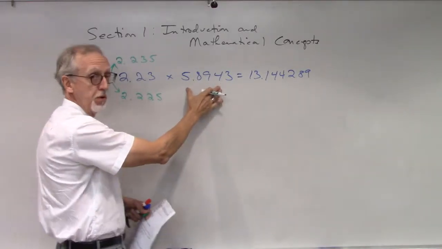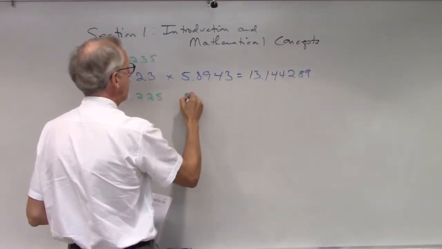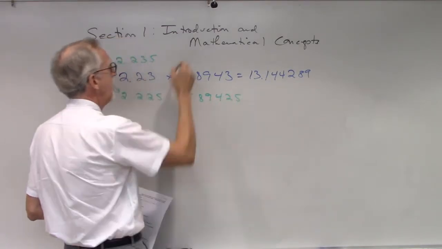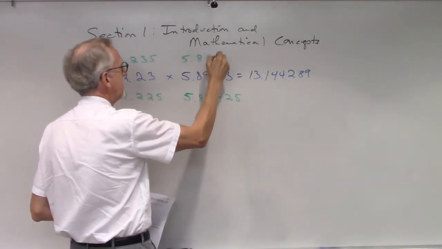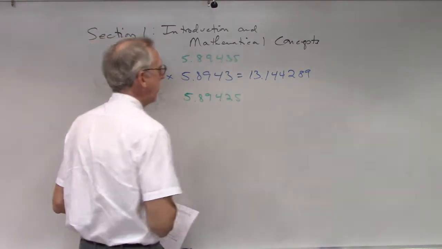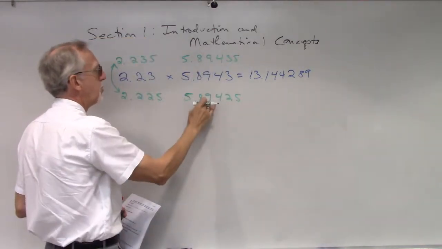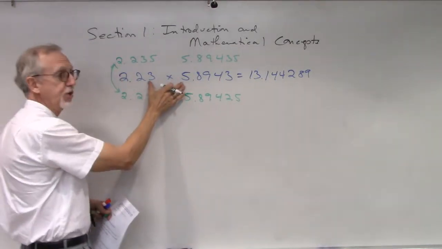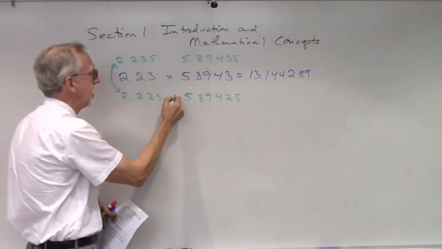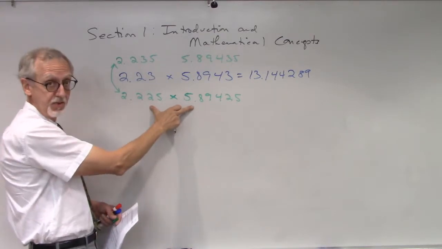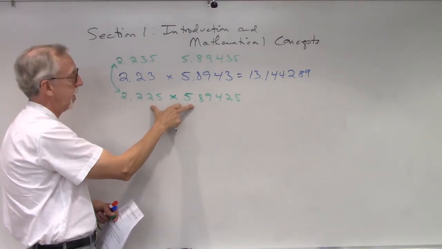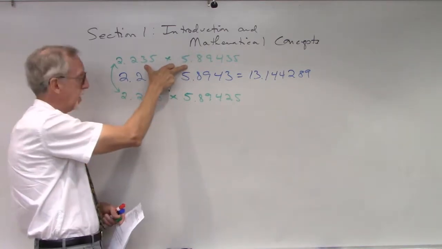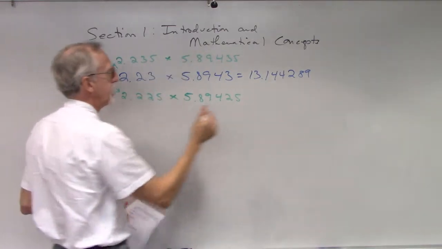While this number really is somewhere in between 5.89425 and 5.89435. So this product could be anywhere between a low value of these numbers multiplied and a high value of these numbers multiplied.